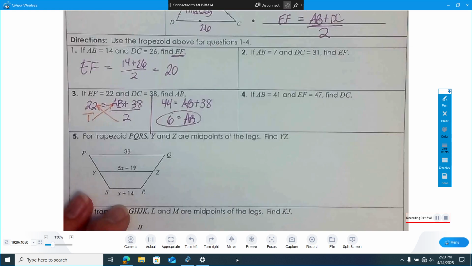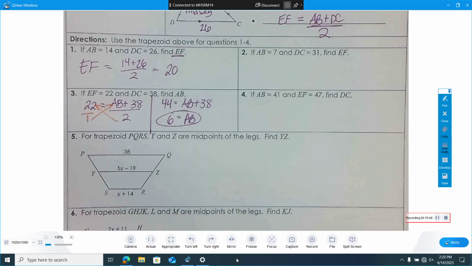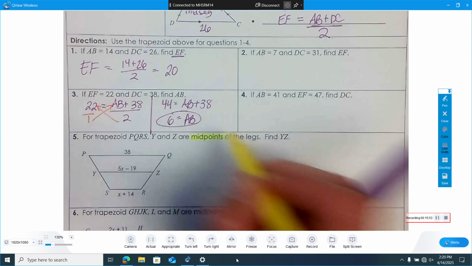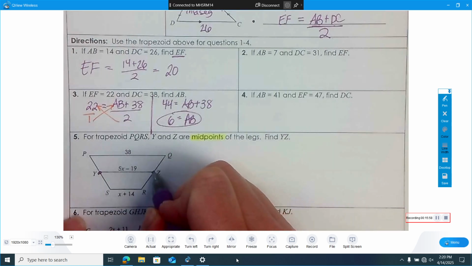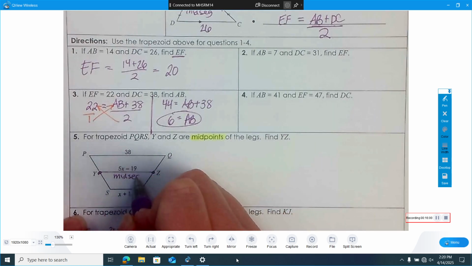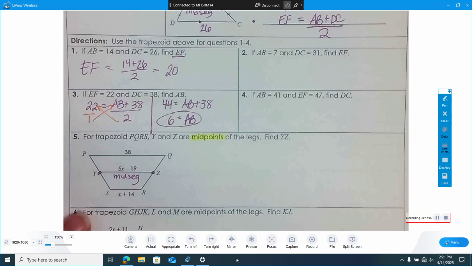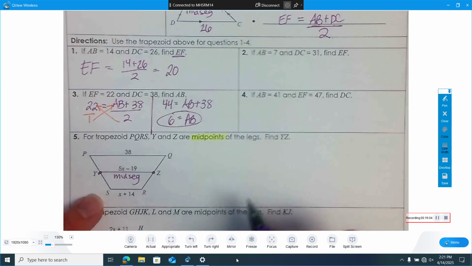All right. Let's look at number 5, and then we're done. So Y and Z are the midpoints of the legs, which means this is a mid-segment. And I just need to do the setup here.